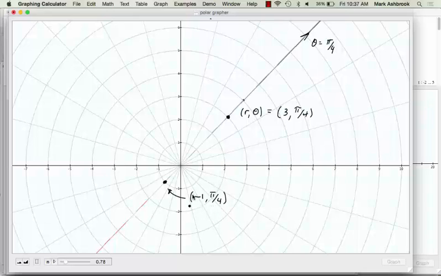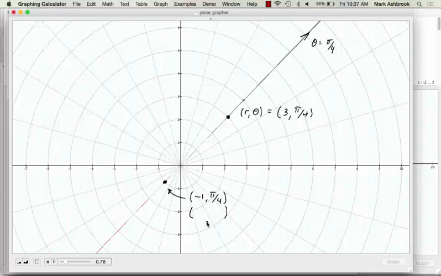But then there would be another way to write that point. In fact, many other ways. What would be another way to write that point? Here it's a negative r in terms of pointing in the direction of positive pi over 4. But how else would we write that point? He says he wants 1, 5 pi over 4.